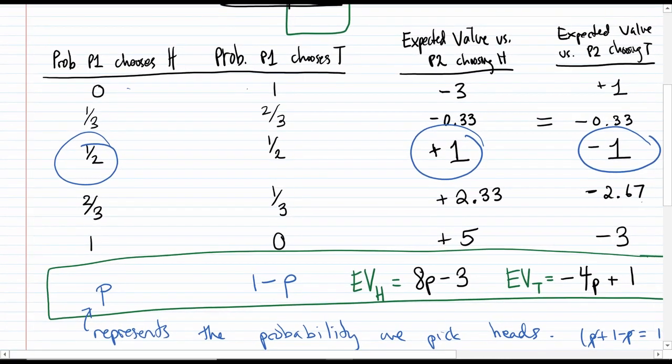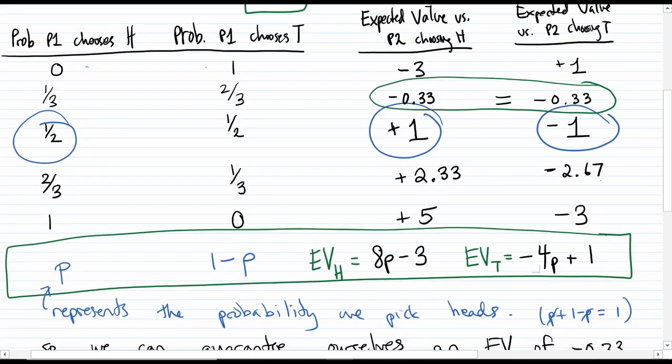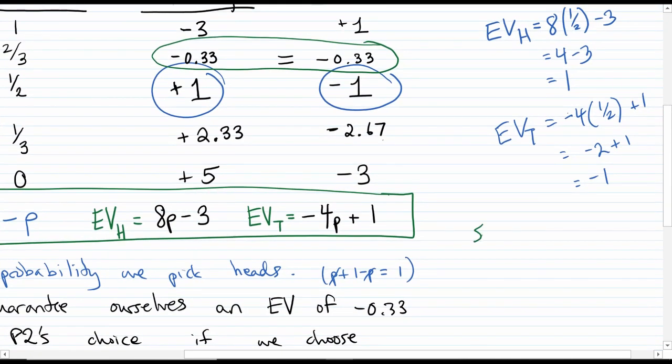So now we can test out any mixed strategy we want just by plugging in the probability we're going to choose heads into these EV equations. And if we're interested in that point where the two expected values are equal, well, then what should we do? We can solve for when EV sub h is equal to EV sub t.